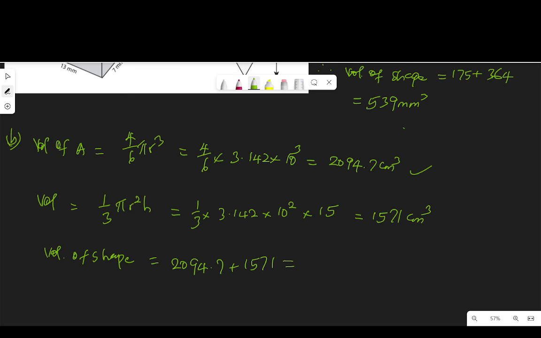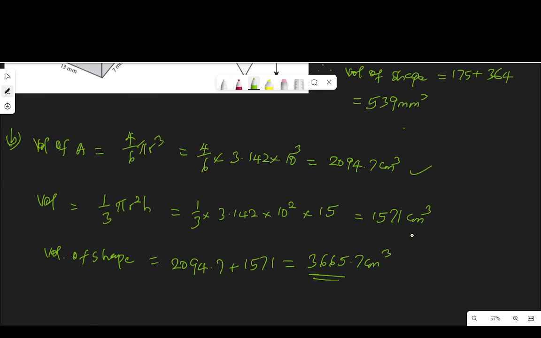Add this up with the calculator. 2094.7 plus 1571 is 3665.7. 3665.7 centimeter cube as the volume of this shape.